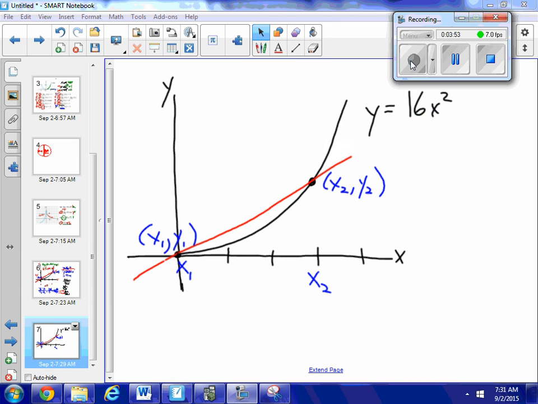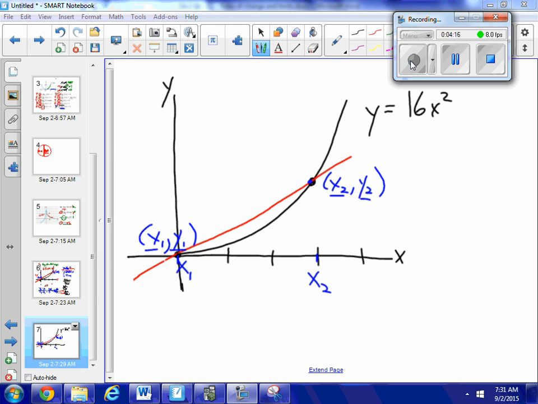So I've redrawn the graph a little bit here, and I now have marked this point right here. This is x sub 1, and this is x sub 2, and this point right here now is the point x sub 2, y sub 2, and this point over here is x sub 1, y sub 1.